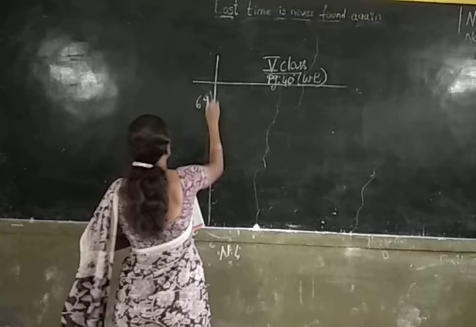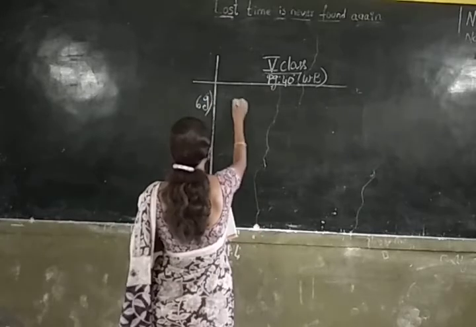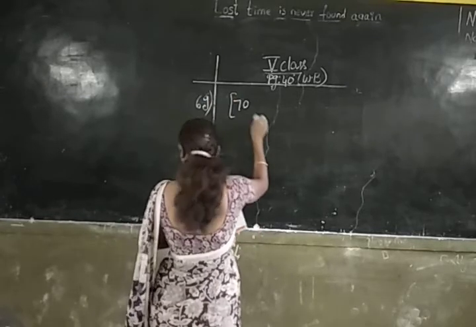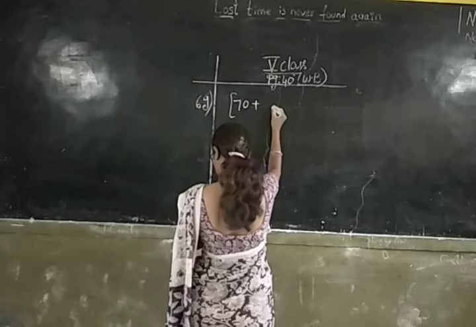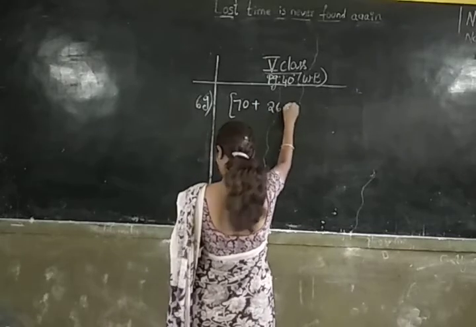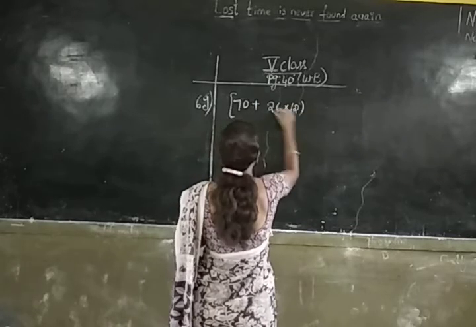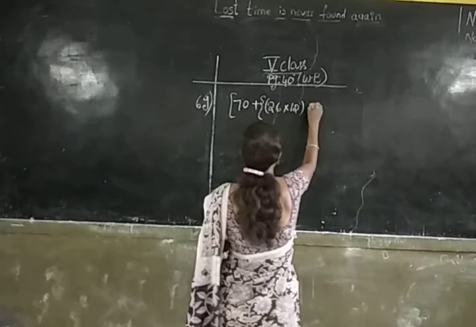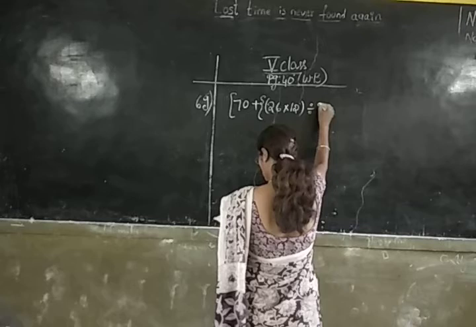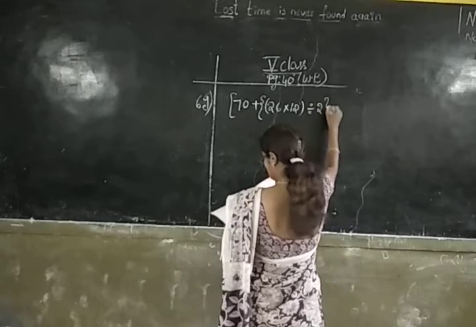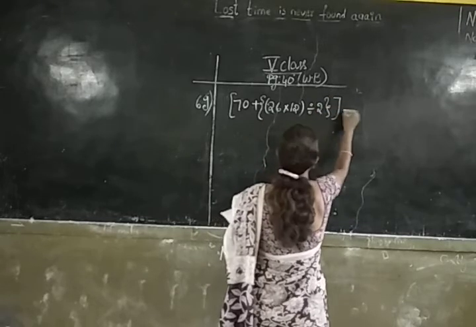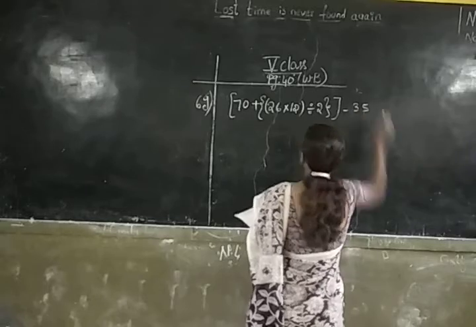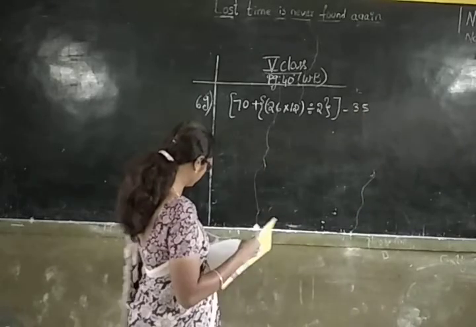Okay, children, let us now do the G sum. 70 plus 26 into 12 round bracket, curl bracket divided by 2 curl bracket, square bracket minus 35.